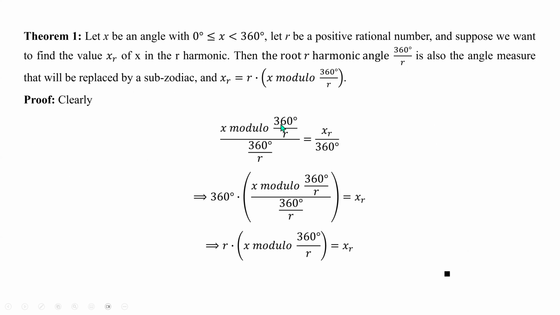Instead of 360 degrees divided by 2 here and here, we have more generally 360 degrees divided by some harmonic r. And we set that equal to x sub r over 360 degrees. x sub r is going to be the new value that we're looking for in this r harmonic, the value of x in the r harmonic.